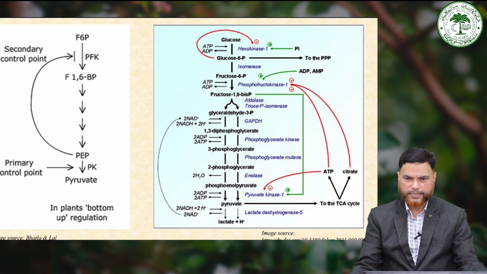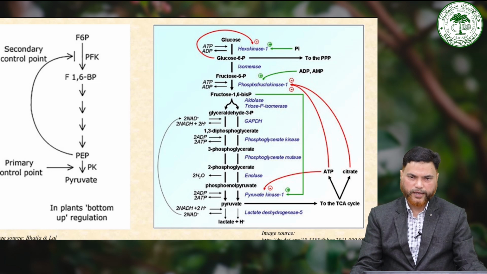You see in the slide, pyruvate kinase activity in plants is generally inhibited by certain compounds from the tricarboxylic acid cycle, which we will learn about in our coming lectures. This complex regulatory network in plants is vital for balancing cellular respiration and the production of sucrose or polysaccharides, highlighting the importance of glycolysis in plant metabolism.